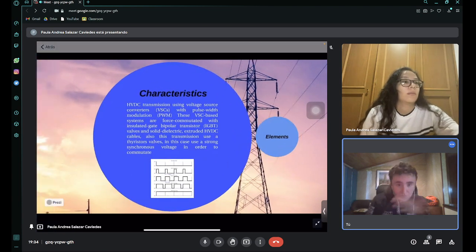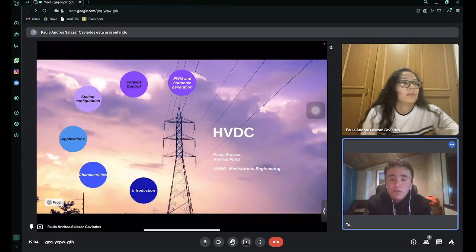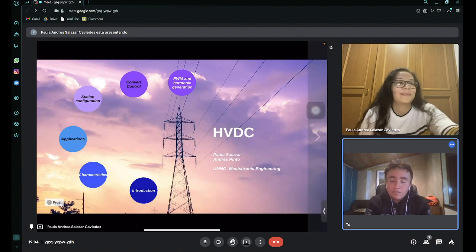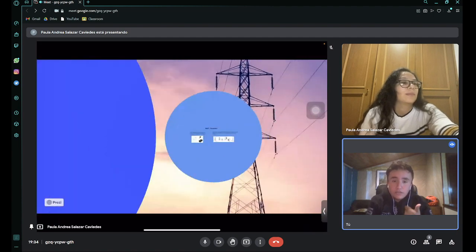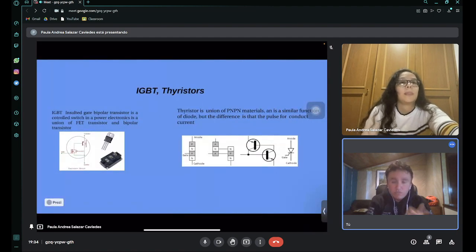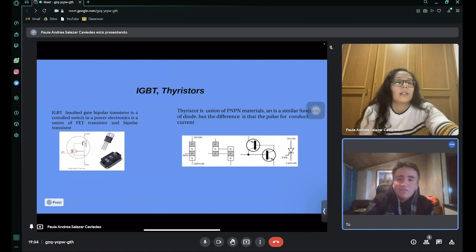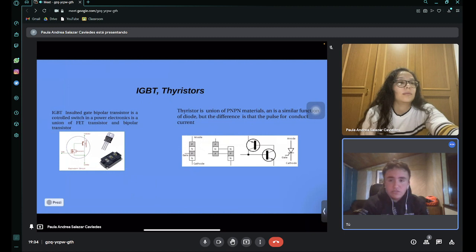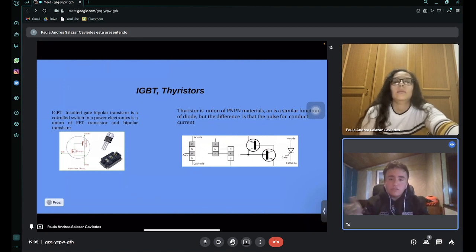Some elements for this are the IGBT and thyristors. The IGBT, insulated gate bipolar transistor, is a controlled switch for power electronics, and is a union of a FET transistor and a bipolar transistor.